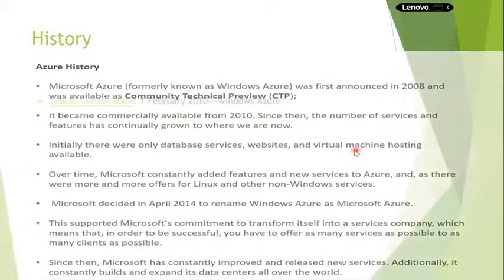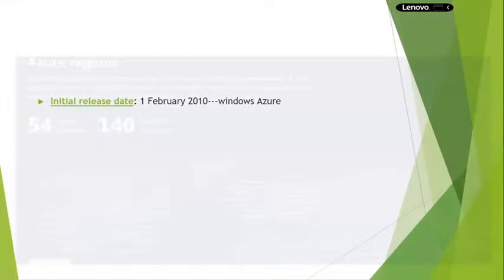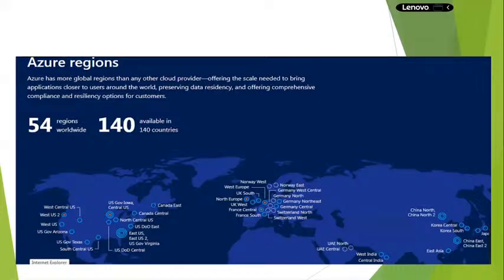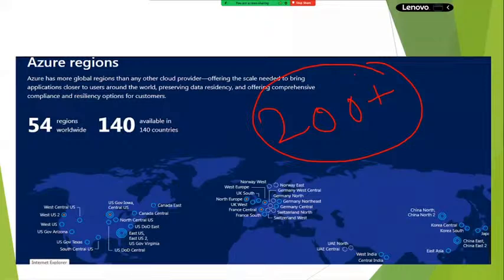Why Microsoft Azure, why not AWS? Microsoft has around 200 plus data centers around the world. No other cloud has this many data centers.